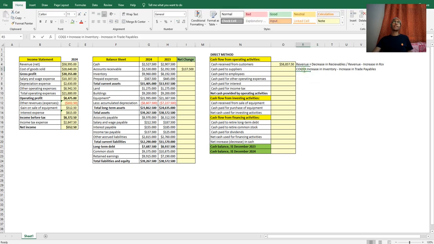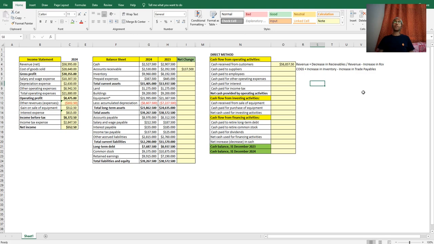Now this basically can be written in another way also. COGS minus decrease in inventory plus decrease in trade payables. So if it's a decrease in inventory, then it gets subtracted. If it's a decrease in trade payables, it gets added.